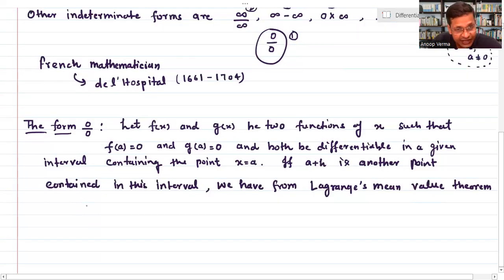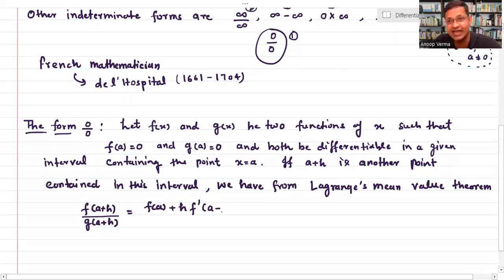We have f of a plus h divided by g of a plus h is just equal to h times f dash of a plus theta h, where theta lies between 0 and 1, divided by h times g dash of a plus theta h.